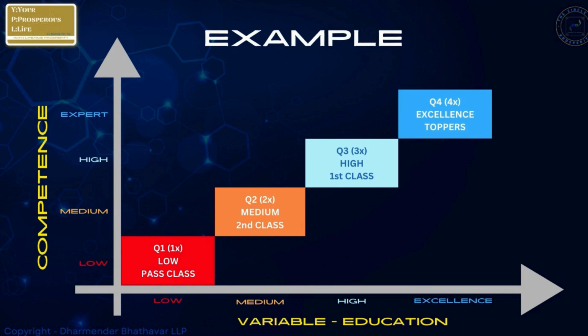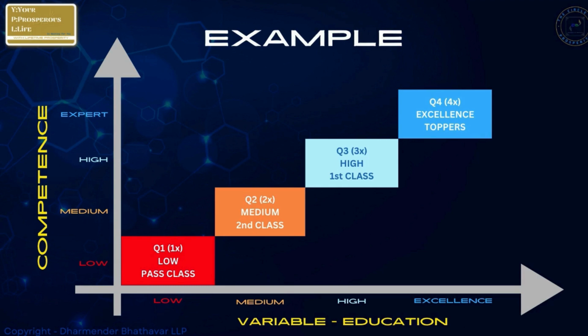Now let us go to the next quadrant, number 2, where the growth is 2x. So here the competency level of that individual is medium and their education is also medium. So now their result would be second class, which means they are achieving somewhere below 60%.